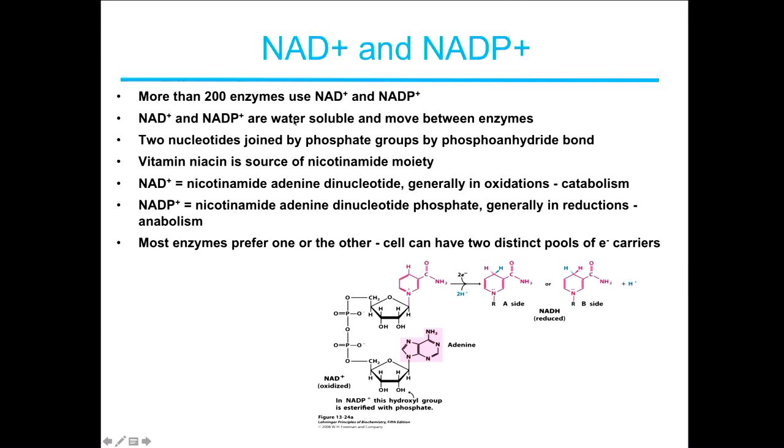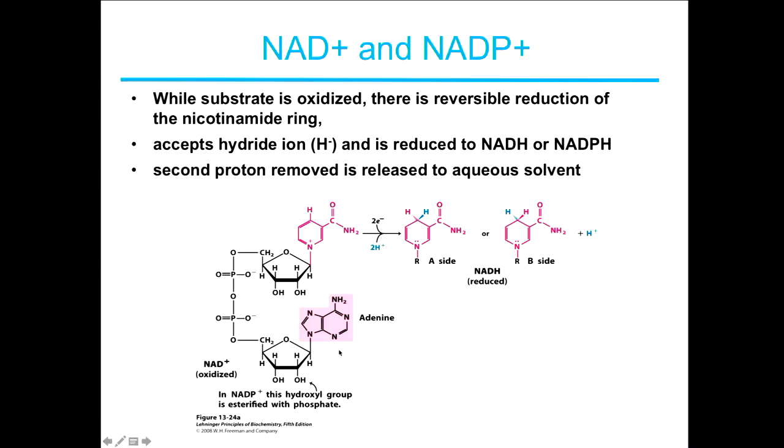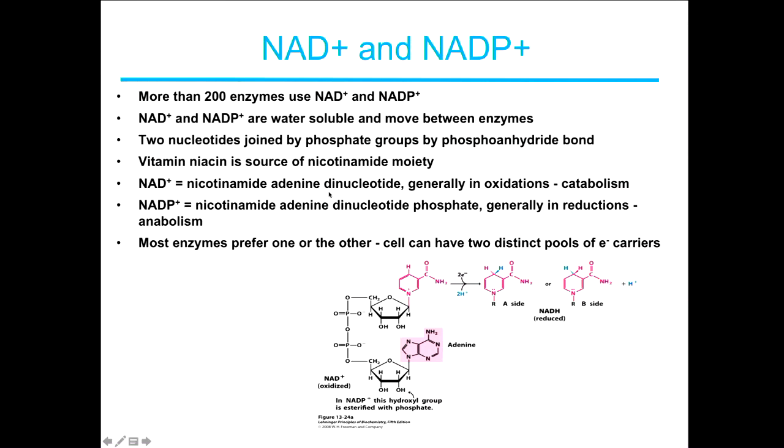Okay. So what is it? Nicotinamide adenine dinucleotide, or nicotinamide adenine dinucleotide phosphate. So this is the basic shape down here. This is called a nicotinamide ring up here.